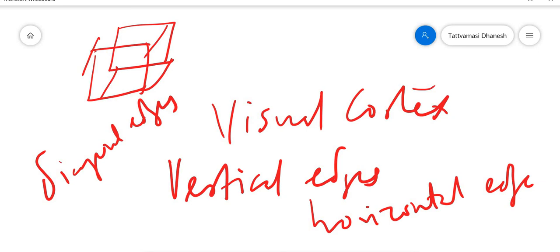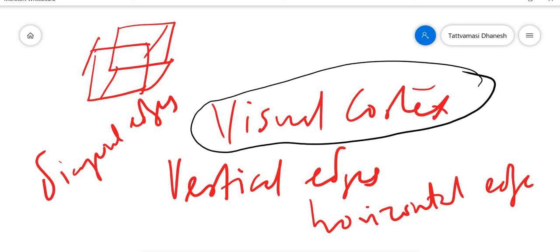In that way it works. What I want to tell you is that the design of the convolutional neural network is inspired from the visual cortex of our human brain. That is a very important point.